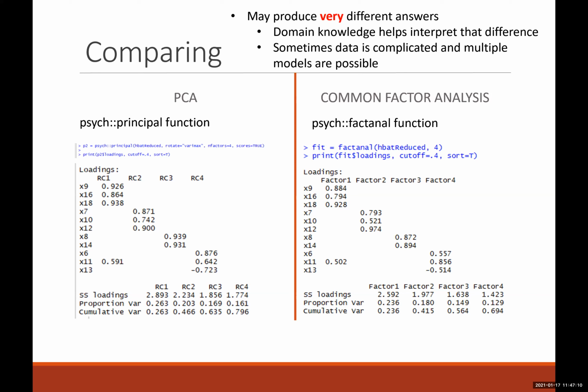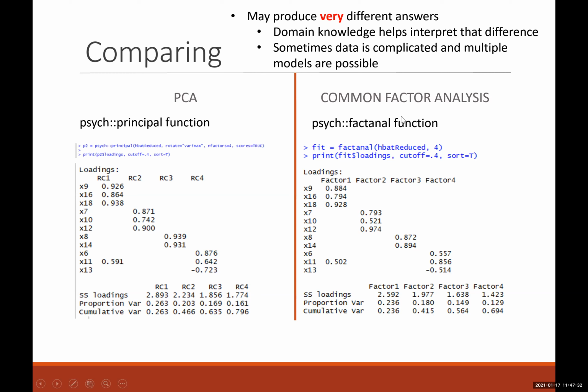So this is what I want you to do in problem 4 of homework 2: run a principal component analysis and run a common factor analysis. You'll notice that in principal component analysis, we're using the psych package with the principal function. But in common factor analysis, we're also using the psych package, but now we're using the fa function.